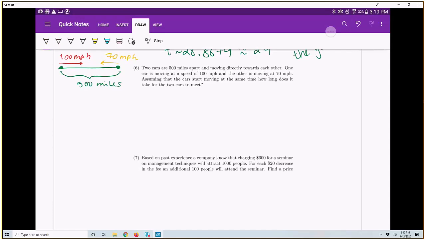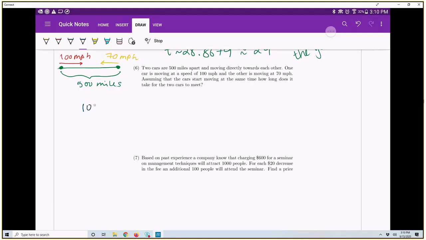And it asks us, assuming that they start moving at exactly the same instant, how long will it take for them to meet? Okay, so again, how long? We're going to be solving for a time. So we want to think about what is the total distance that these cars are traveling.